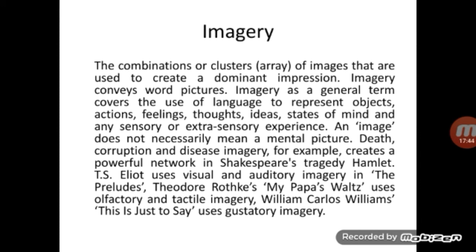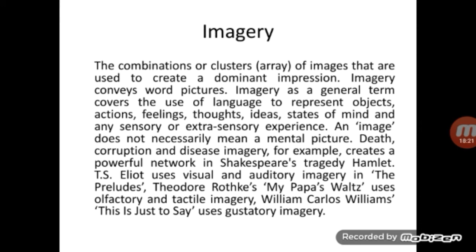Imagery conveys word pictures in the minds of readers. Imagery as a general term covers the use of language to represent objects, actions, feelings, thoughts, ideas, states of mind, and any sensory or extrasensory experience.